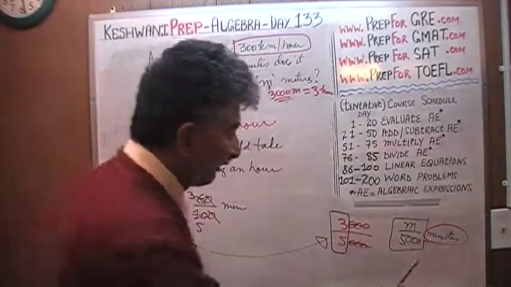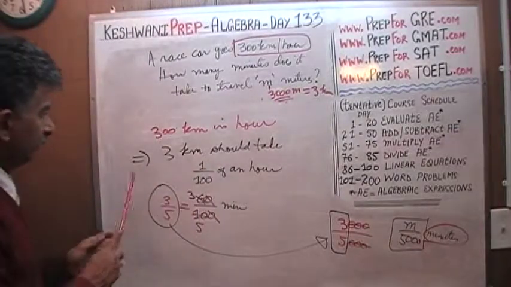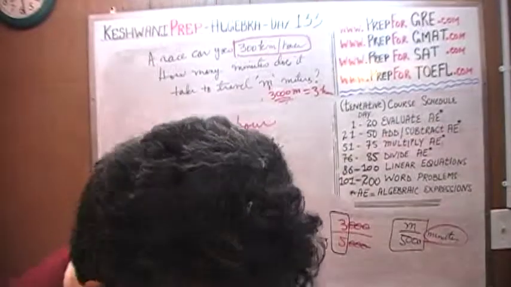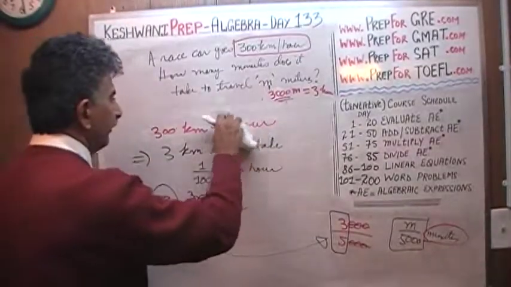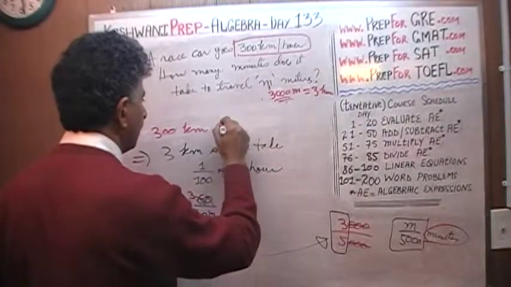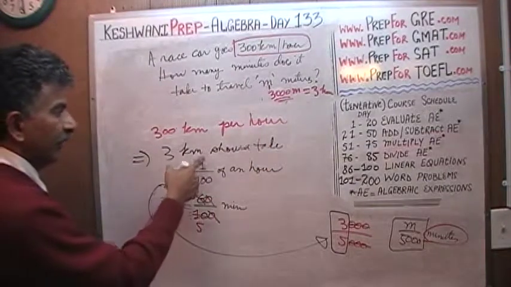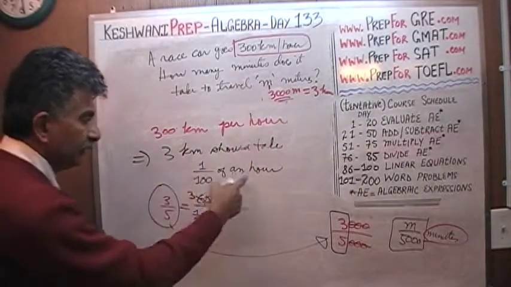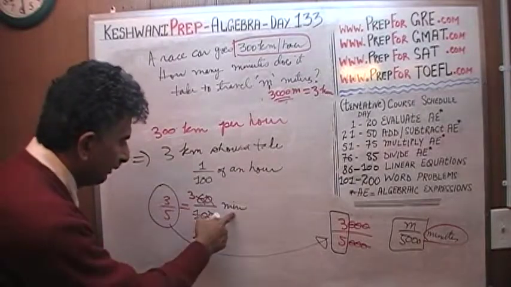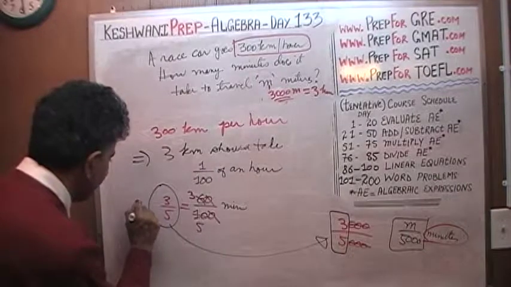But the answer is expressed in minutes. 300 kilometers per hour implies 3 kilometers should take 1/100th of an hour. 1/100th of an hour is the same as 60 over 100 minutes. 60 over 100 reduces to 3/5 of a minute.